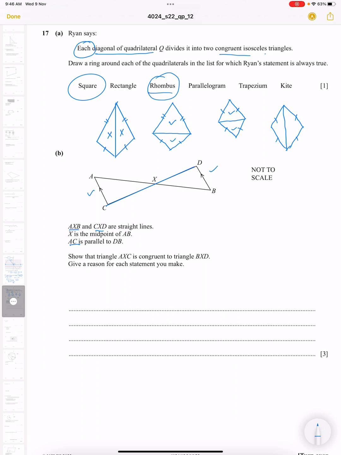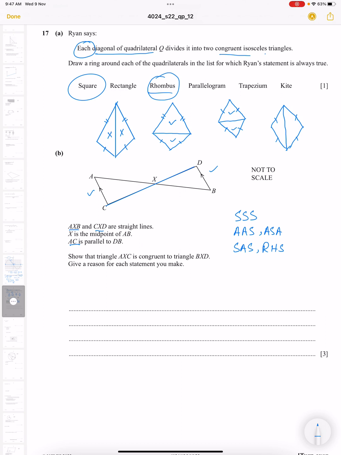Now, you know that the congruency tests are SSS, AAS, ASA, SAS, and RHS. A stands for angle, S stands for side. So we need to apply any of these congruency tests here.